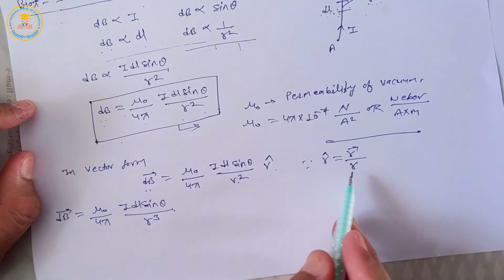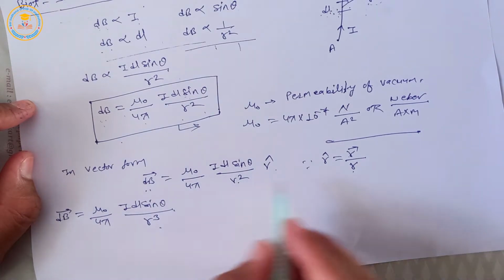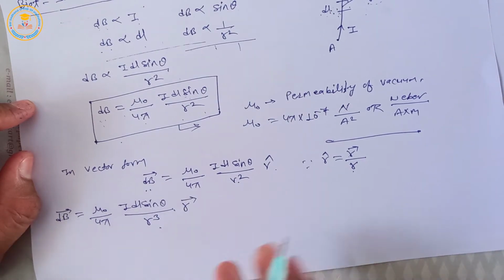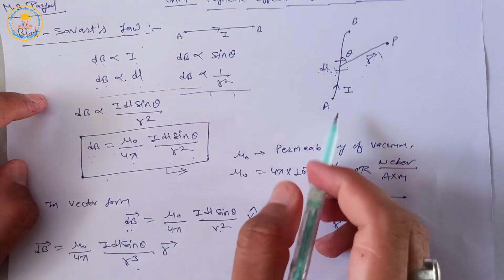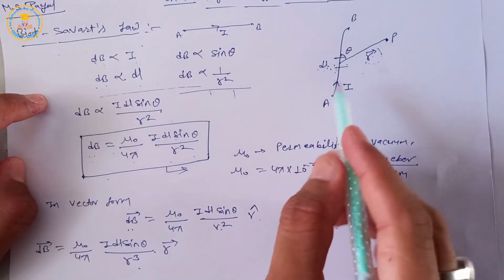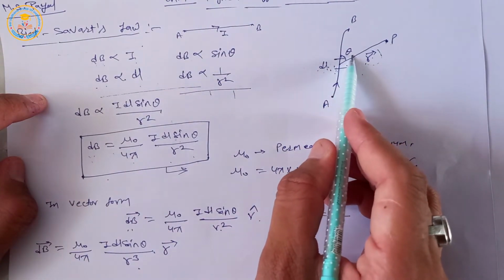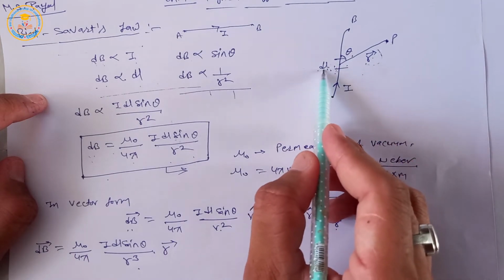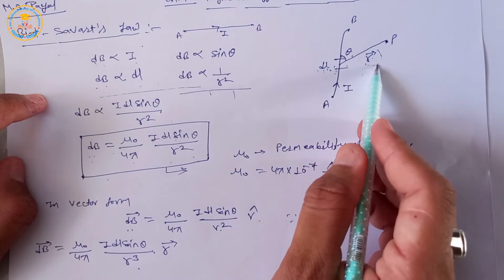This r square multiplied by this r, then r cube into r vector. In this diagram, we easily see the angle theta between the direction of dl and the r vector.